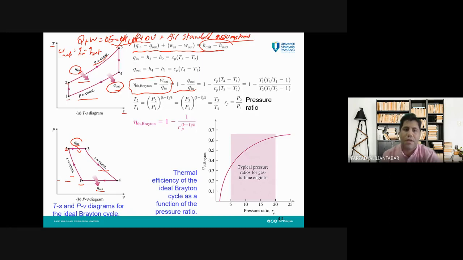Q in is in the process from state 2 to state 3, which is a constant pressure process. So we can write Q in equal to H3, the enthalpy at this state, minus the enthalpy at this state. You know why we use enthalpy here. Sometimes we use enthalpy, sometimes we use the internal energy.